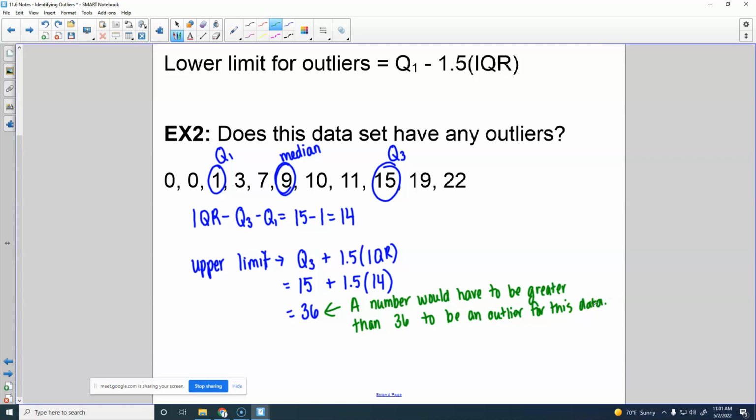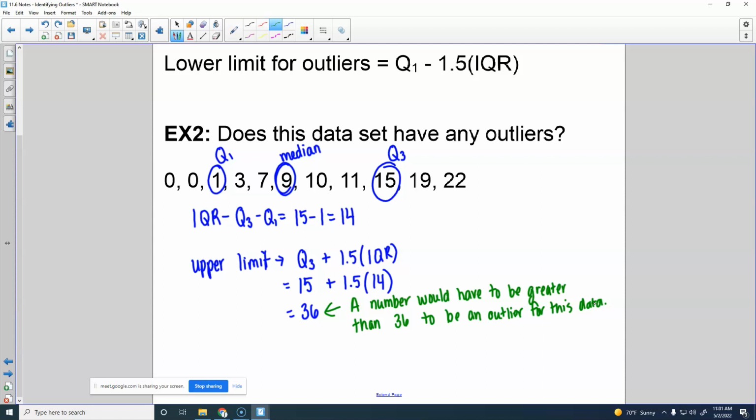Do we have any numbers that are outliers? No. 22 is not an outlier. It is our highest number, but it's not an outlier. So we don't have any upper outliers.